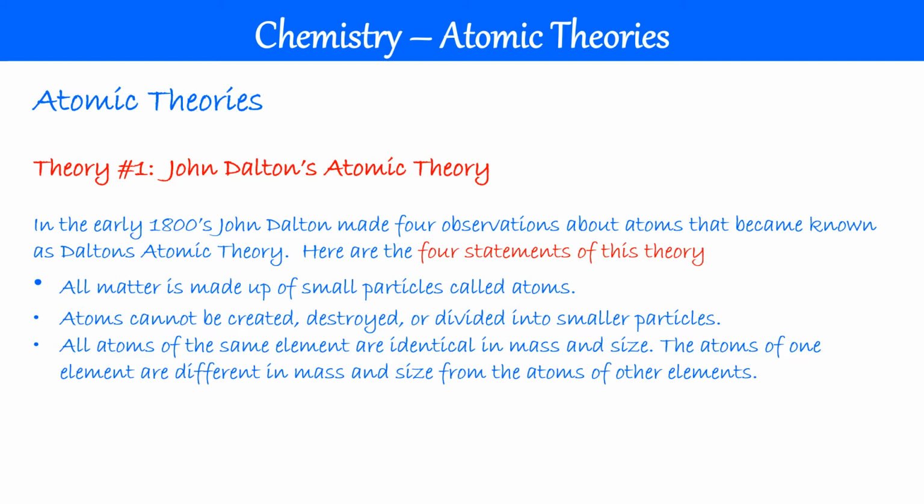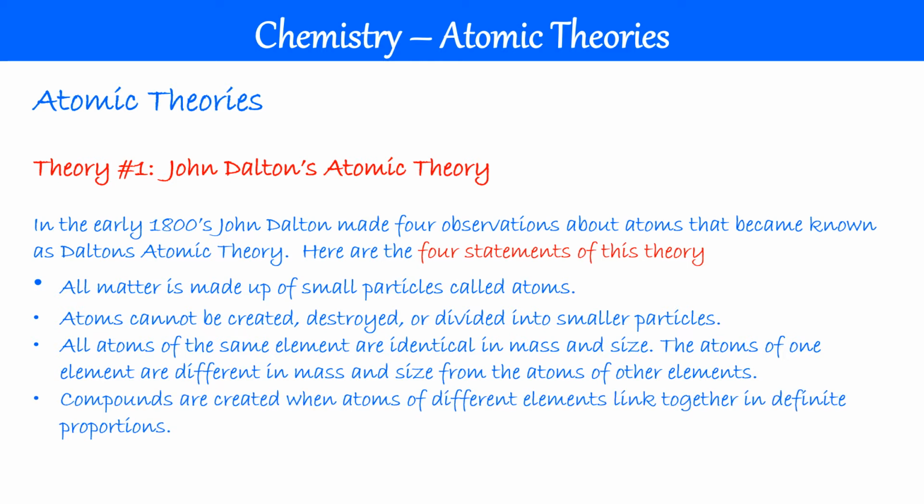The atoms of one element are different in mass and size from the atoms of all other elements. Compounds are created when atoms of different elements link together in definite proportions.